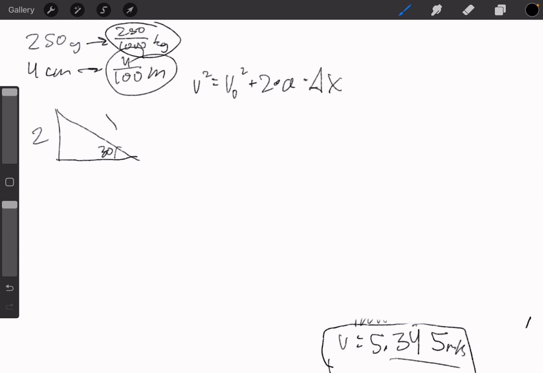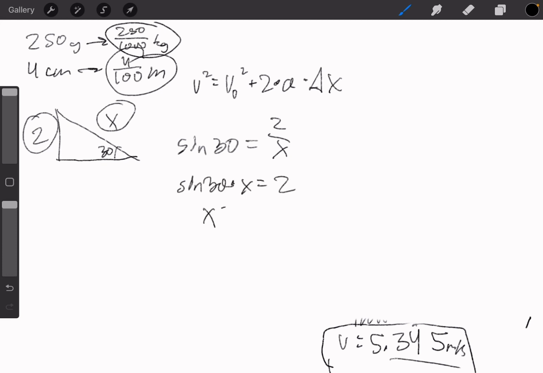Well, guys, here they would give us a triangle of what the whole system looks like. We know sine of 30, and you remember sine as opposite over hypotenuse, equals 2 over x. Multiply x to both sides: sine 30 times x equals 2. So x is equal to 2 divided by sine of 30.